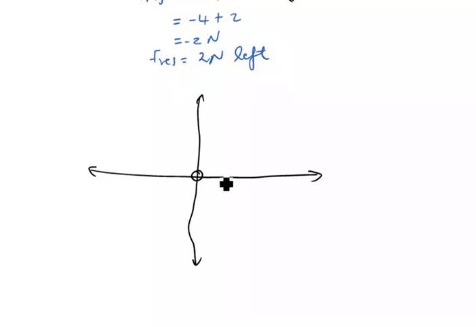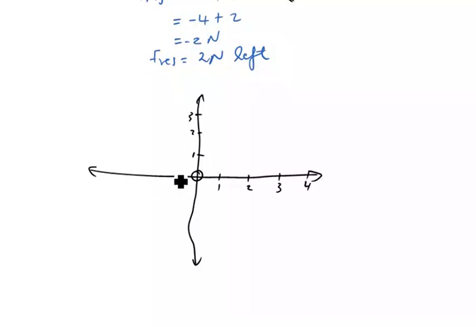Here we have 1, 2, 3, 4, 5, up to the positive infinity. This is 1, this is 2, this is 3, this is 4, up to the positive infinity. Then above we have 1, 2, 3, up to positive infinity. 1, 2, 3, 4, 5, 6, up to positive infinity.